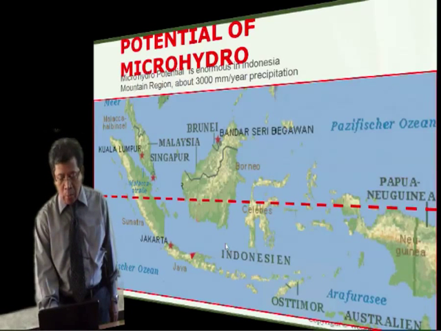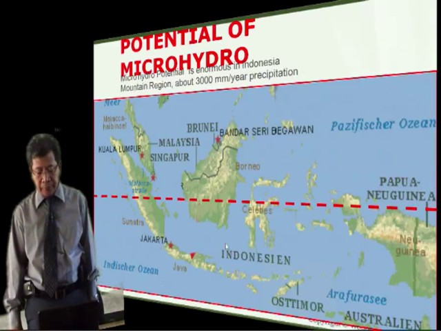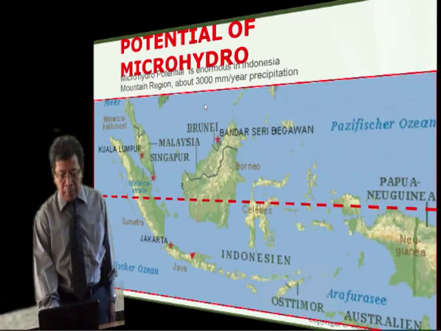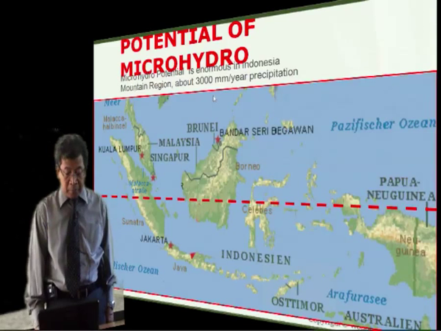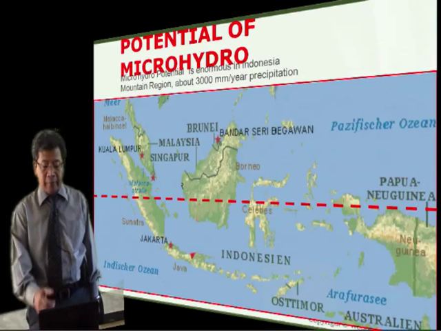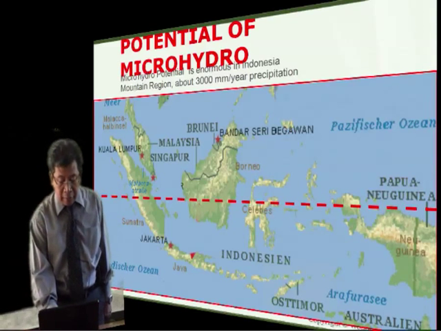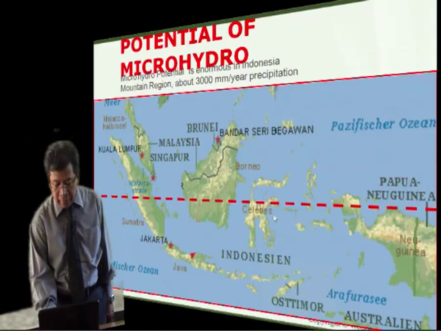Our country has about 3 millimeters per year precipitation. That means every island has enough potential for microhydro. So you can develop microhydro here, there, in several places.